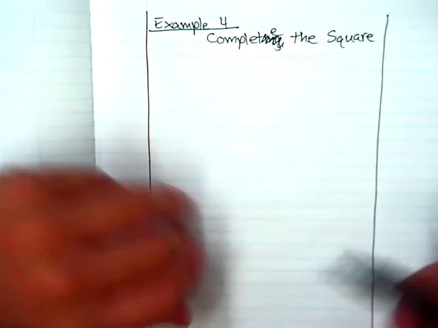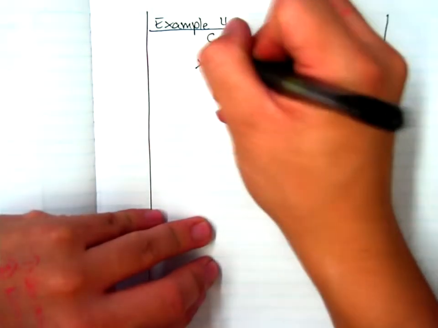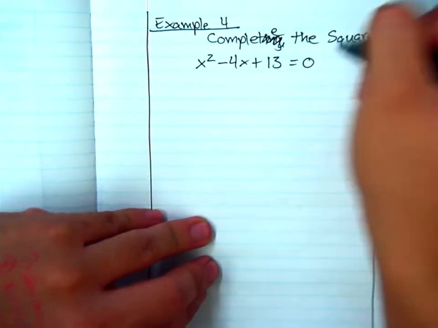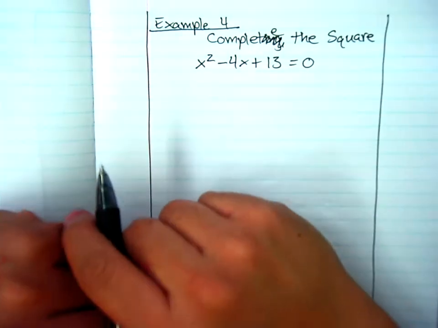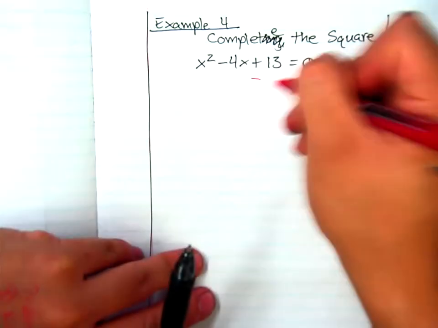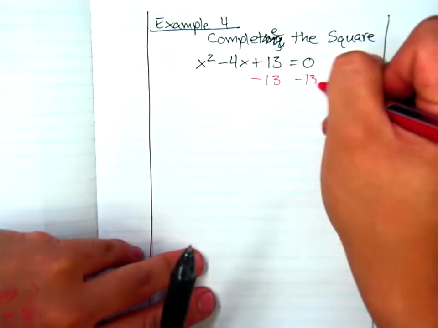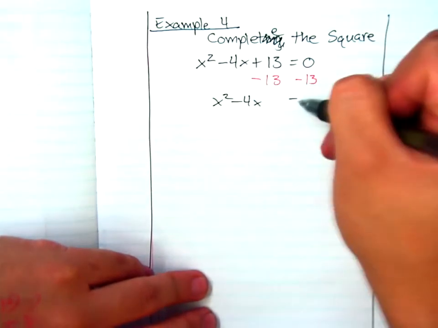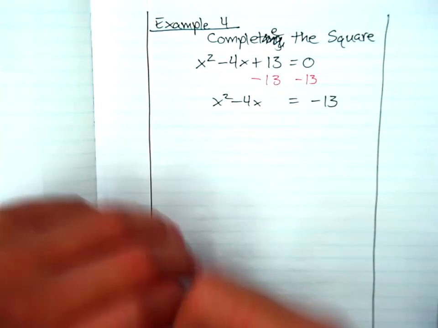Alright, so here comes the final example. I'm going to have x squared minus 4x plus 13 equals 0. So obviously this does not result in a nice, simple square factor. So I'm going to subtract 13 on both sides. I get x squared minus 4x equals negative 13.